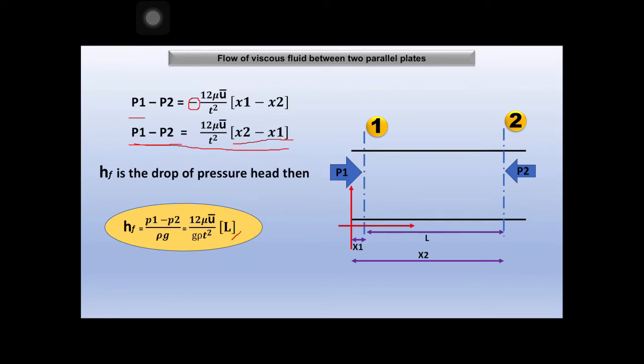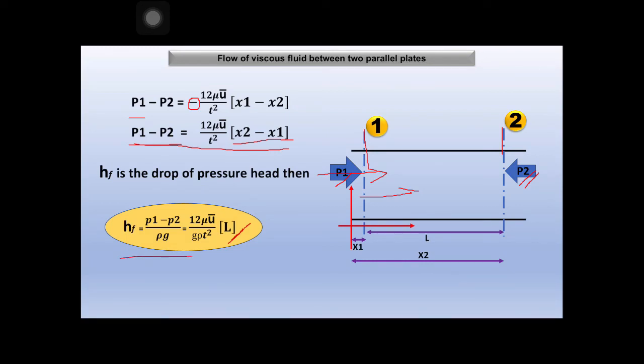So how did we come to know about the L? You can see here, this is section 1 and this is section 2, and the flow of fluid is from left to right. If P1 is the pressure at section 1 and P2 is the pressure at section 2, then whatever the drop of pressure between these two sections while fluid is moving from section 1 to section 2, we are going to get from this equation.